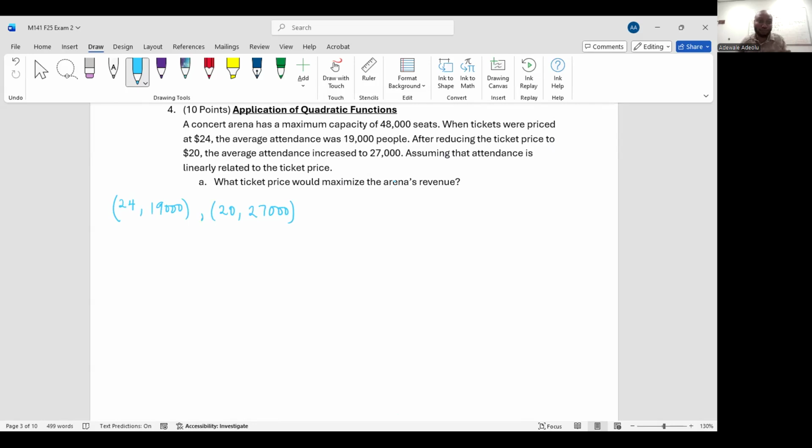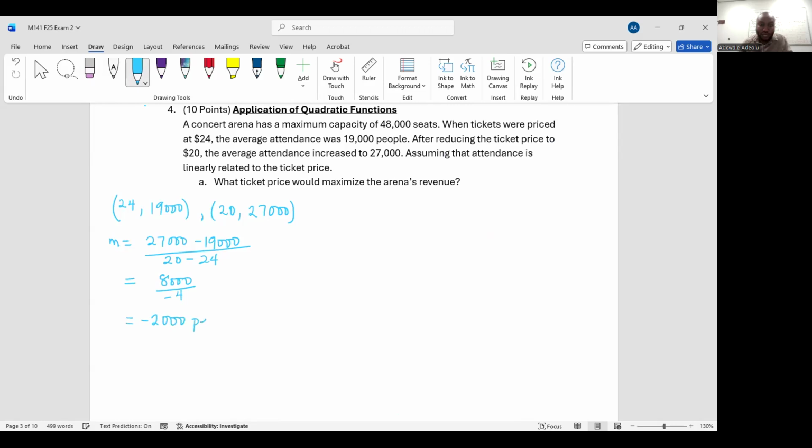We can find the slope. So the slope is 27,000 minus 19,000 divided by 20 minus 24. So that is 8,000 divided by minus 4, and that is negative 2,000.